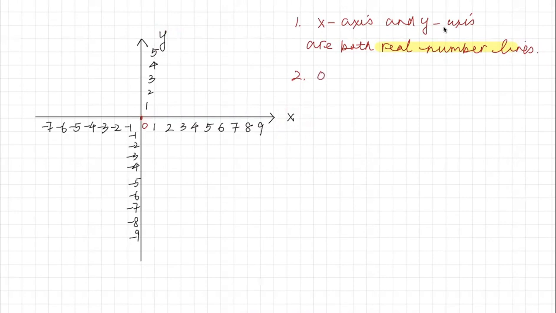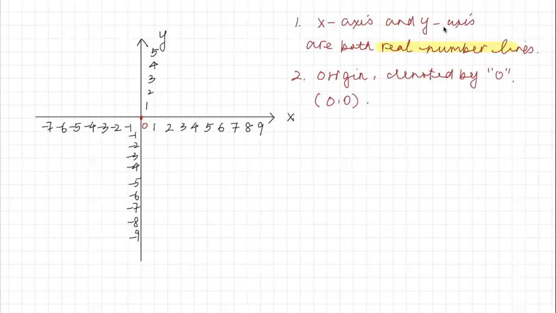The origin is denoted by O and has the coordinates (0, 0). So this point, the origin, which is the intersection of the x-axis and y-axis, has the coordinates (0, 0).